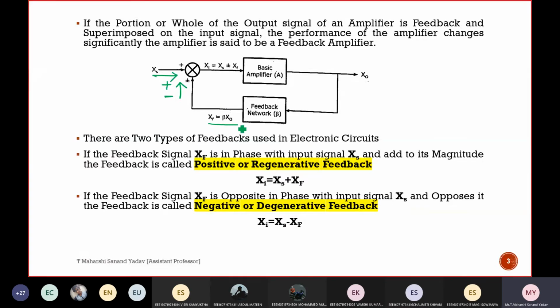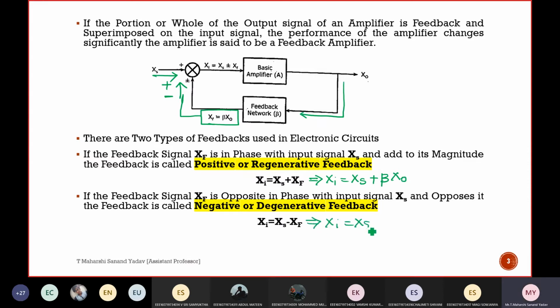And what about this one? XF is nothing but beta times X naught. So from here, I'm giving some part of the output to input. So that's why X naught multiplied with beta will give XF. So you substitute here and tell me. So Xi can be written as XS plus XF, which can be written as XS plus beta times X naught. Here also same thing.